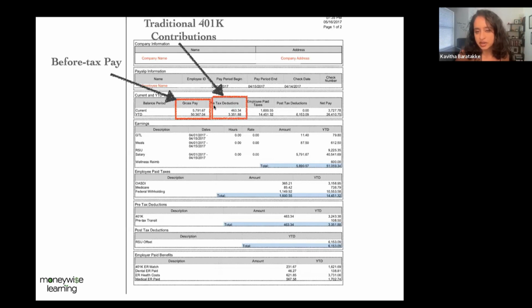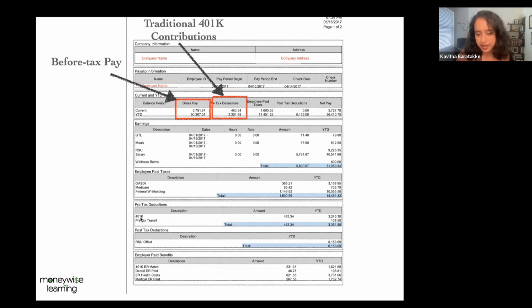The deductions are pre-tax deductions. So you have 1 and 2 pre-tax deductions. One is $463 for this current pay period. And then it says what the deductions were for the entire year to date. This deduction was taken before you pay taxes and is likely a retirement deduction, right? Or it could be something else you paid towards pre-tax deductions.